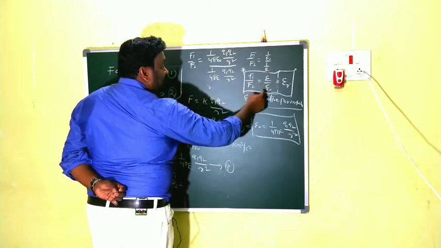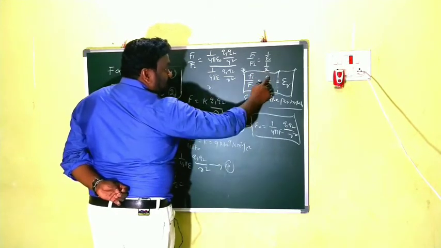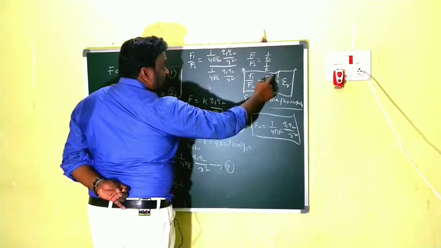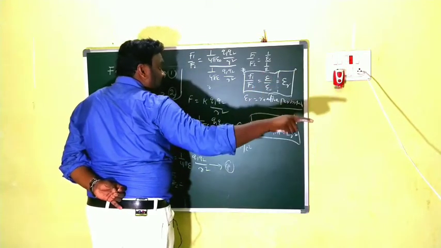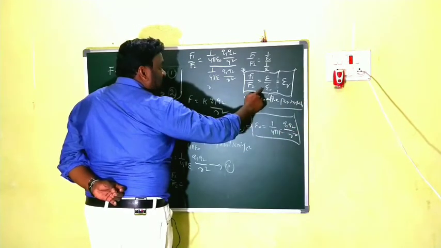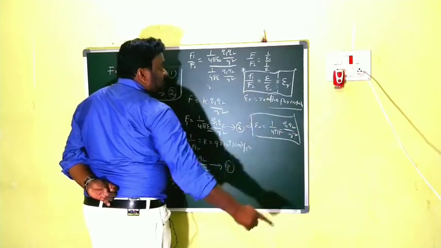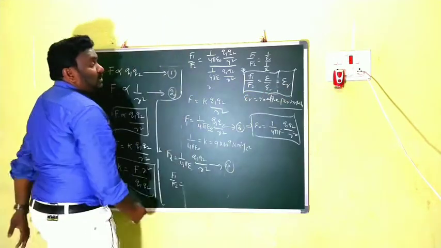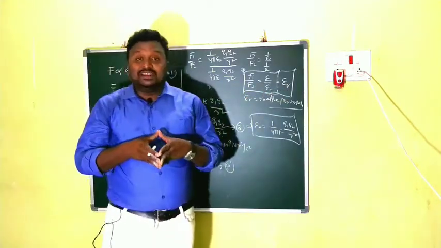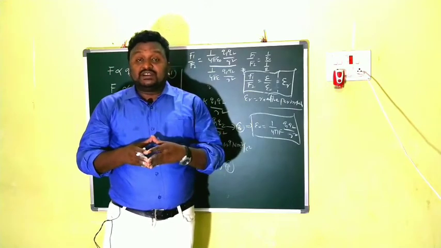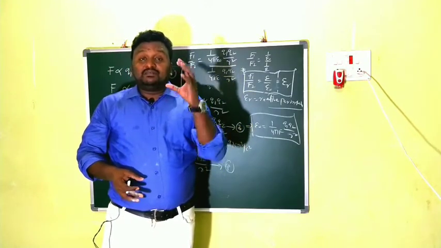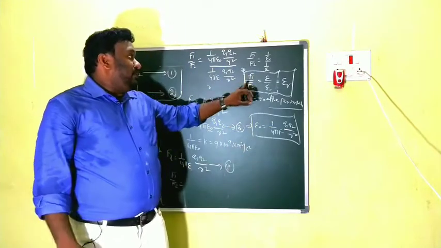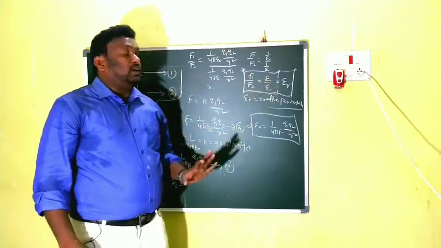Epsilon is the permittivity in medium and epsilon naught is the permittivity in free space. The ratio of these two is called relative permeability. This is the relation between the forces acting between the two charges and the permittivities of the medium. Clear? F1 by F2 is equal to epsilon by epsilon naught.